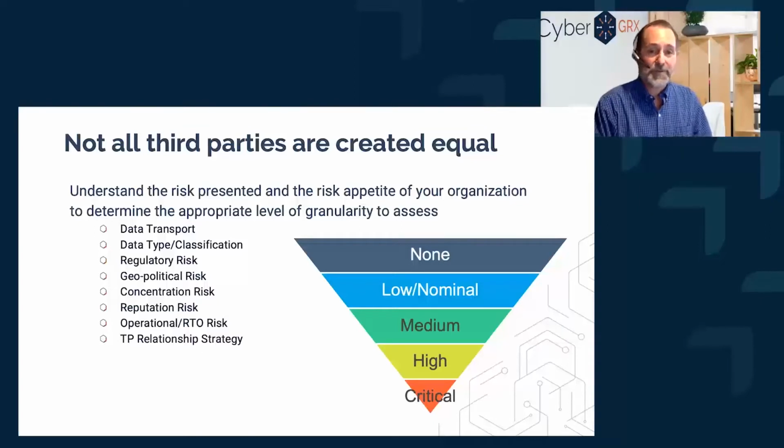The recovery time objective, operational, recovery point objective risk. Organizations may go down, and having risks associated with, if it's a PCI card provider, a payment provider, and let's say you're a casino, that payment provider going down for an hour could cost you millions.